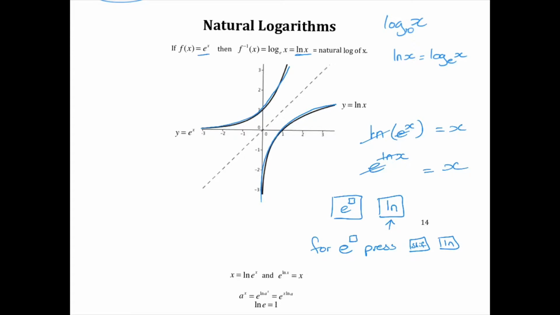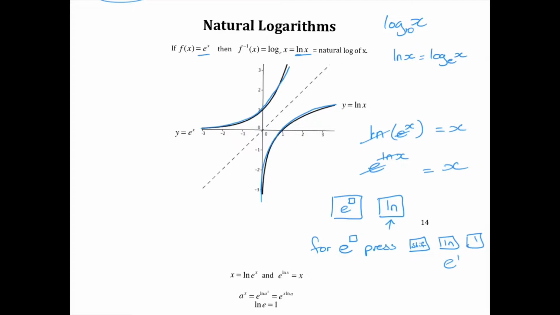Does that work? Then you can enter the number 1 to get e to the 1. What do you get when you put that in there? 2.7-ish. Yep, 2.718.